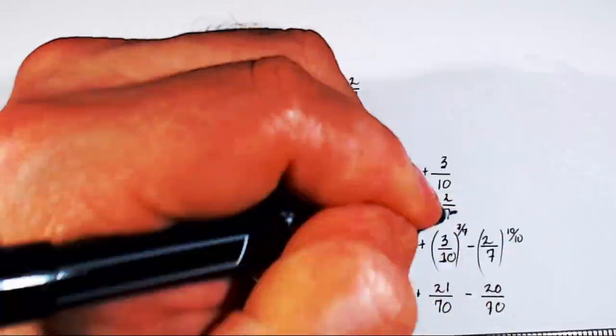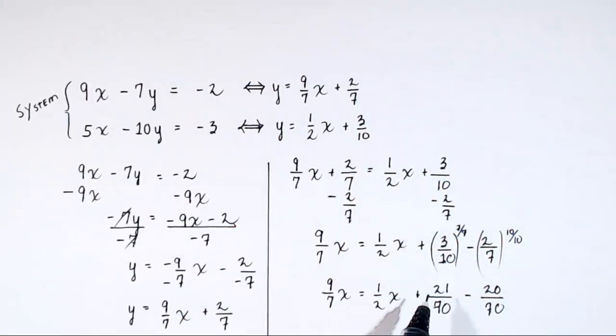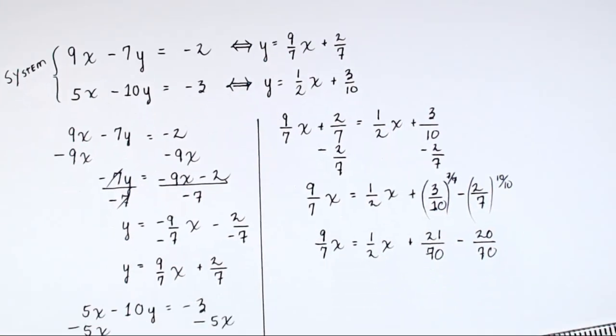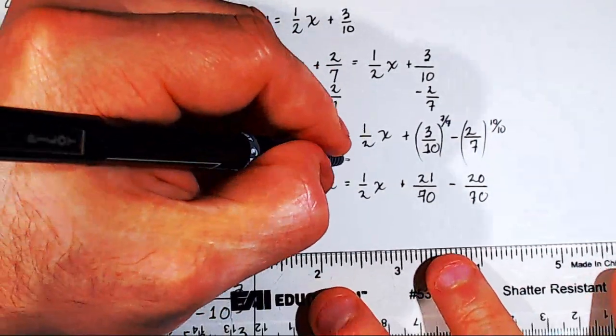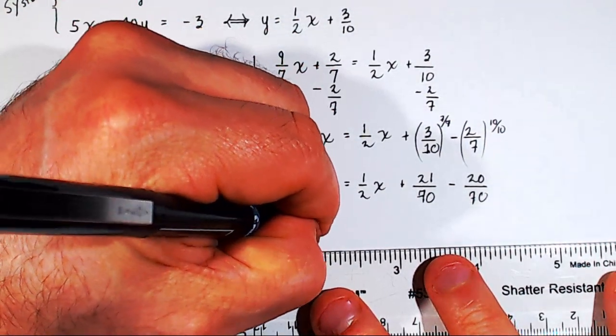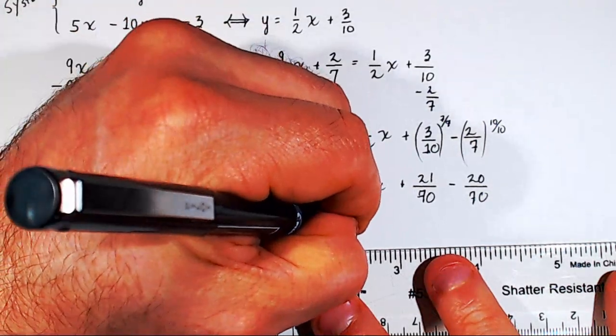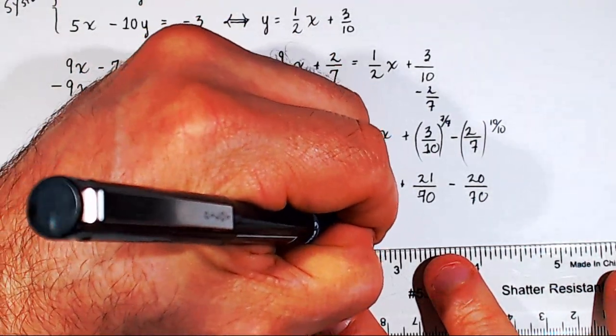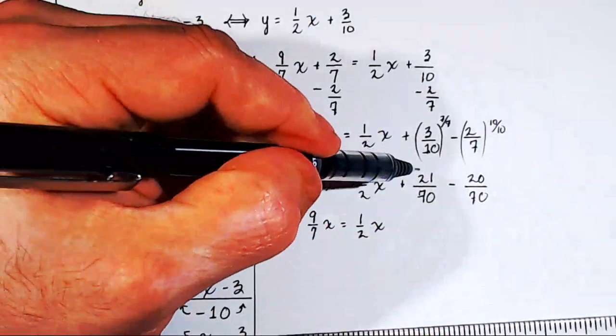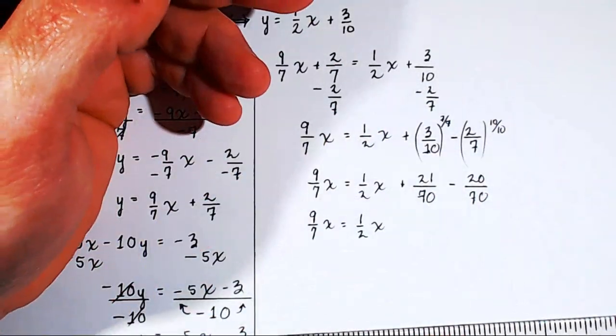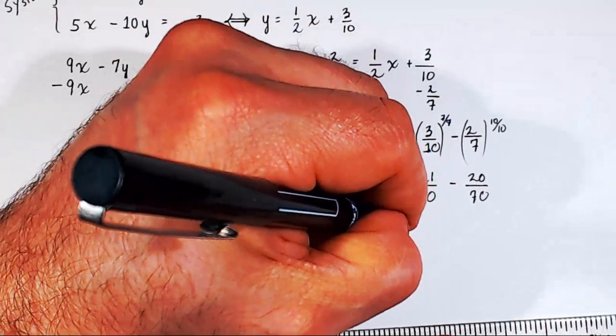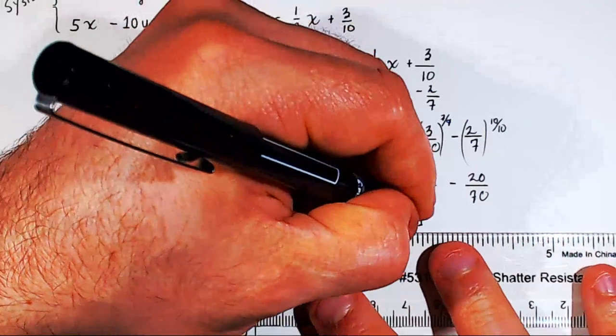The whole point was to get a common denominator, and I have one, 70 and 70. So now I have, just keep rewriting, 9/7x equals 1/2x. Now I have 21 minus 20 over 70. That gives me plus 1/70.